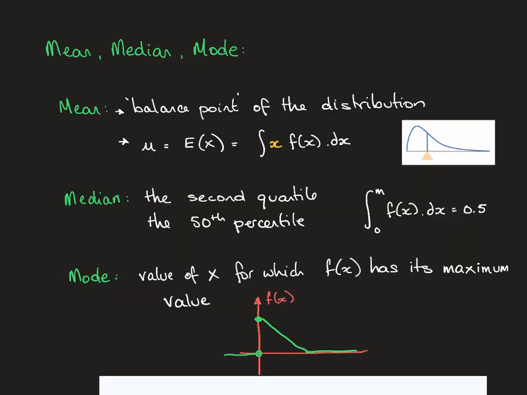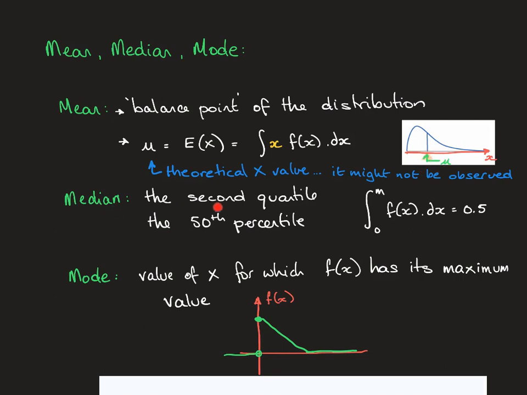So we'll use our definitions for mean, median, and mode from our binomial distribution. Our mean is the balancing point of the distribution, the point at which you would place the pivot to balance the whole distribution. So it's a theoretical value, it's an x value here.